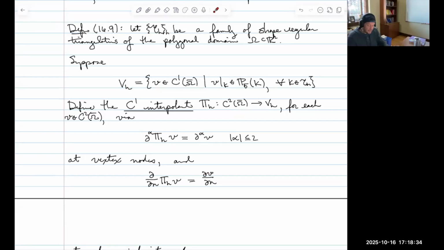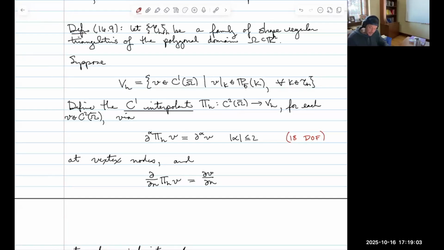The way we're going to do it is we're going to take a C2 function over omega bar, the closure of omega, and we're going to use the 18 degrees of freedom at each one of the vertex nodes.